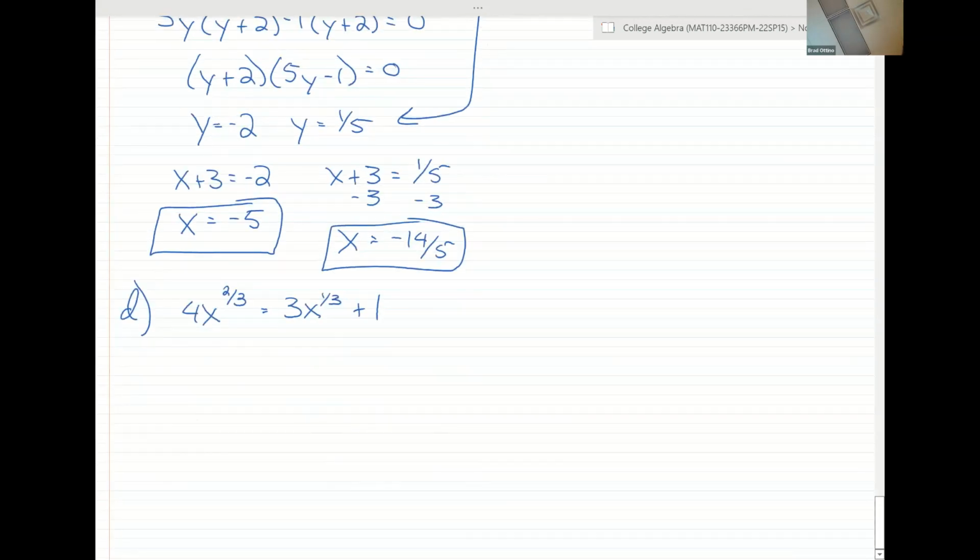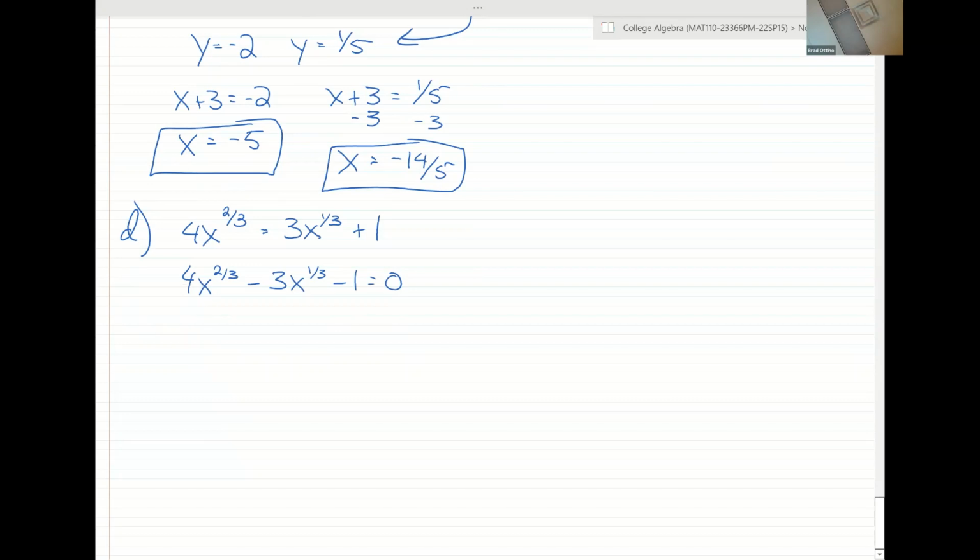Let's go ahead and make it equal to 0. And just like before, we want to write this as 4 times something to the second minus 3 times something to the first minus 1 equals 0.